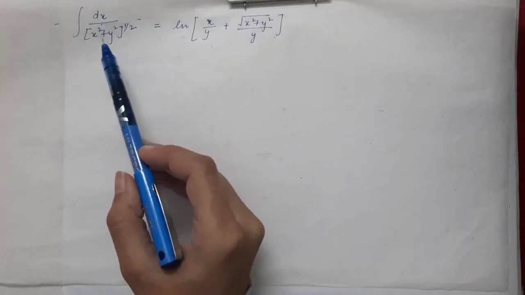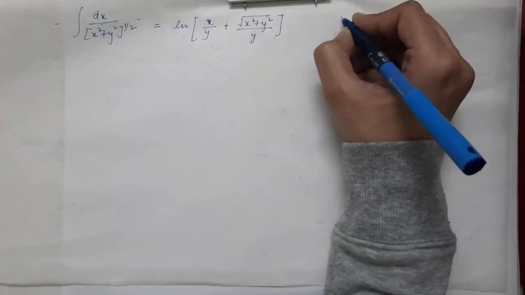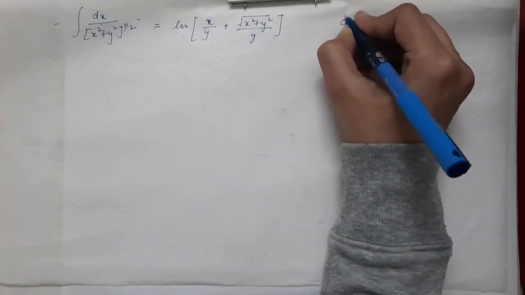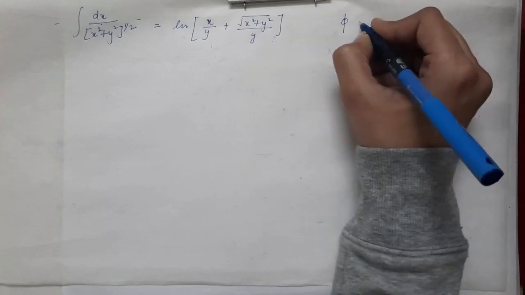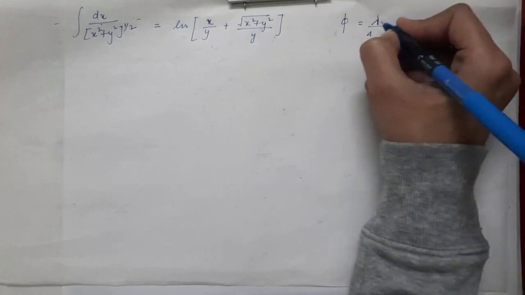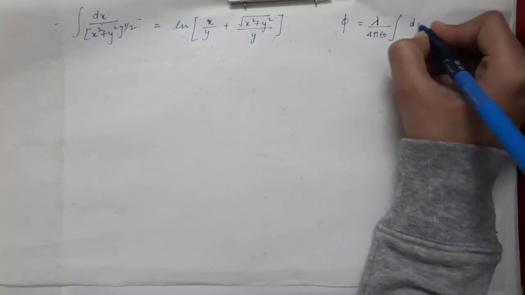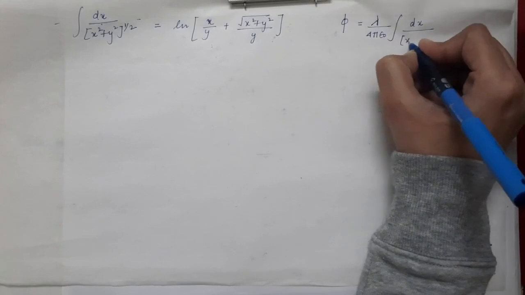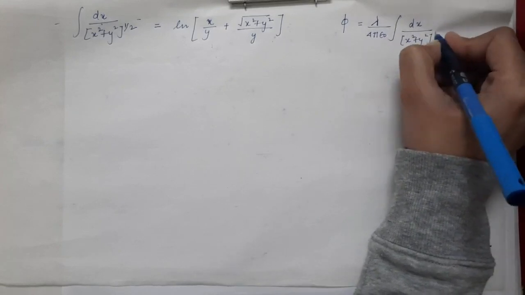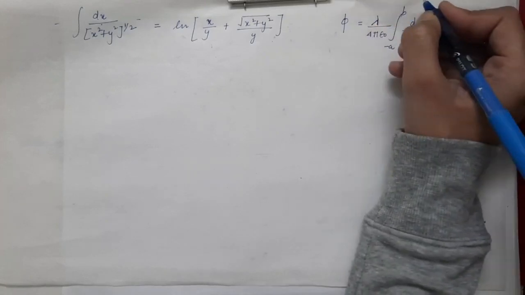So we found out the result of this integral as this one, and what we wanted to find out in actual was potential, and potential was equal to 1 by 4 pi, it was equal to lambda divided by 4 pi epsilon naught into integration of dx divided by x square plus y square power 1 by 2 with the limits of x from minus a to plus b.